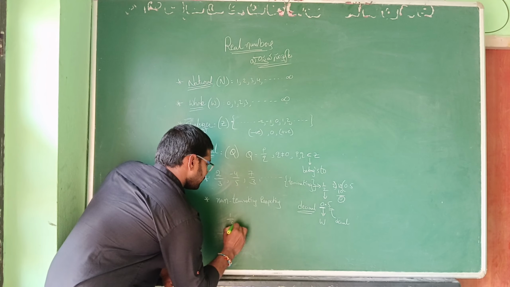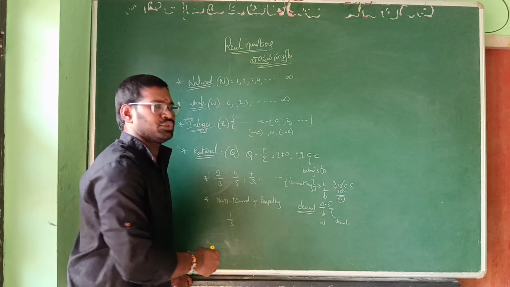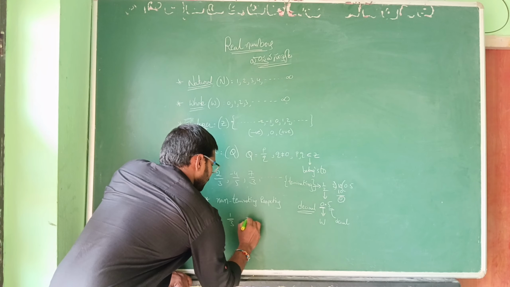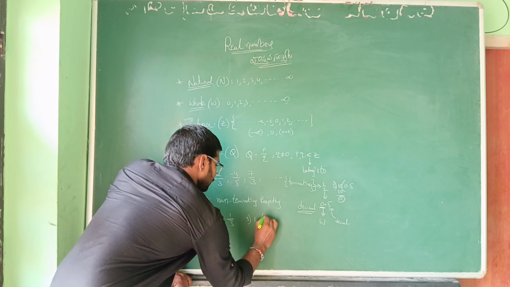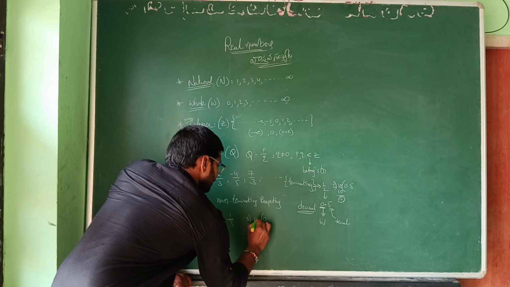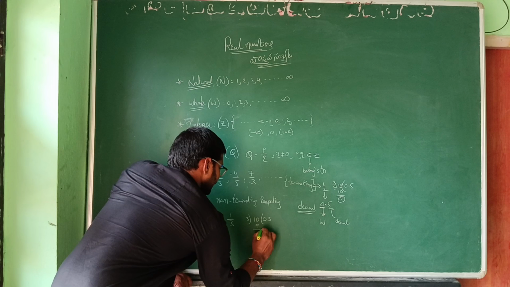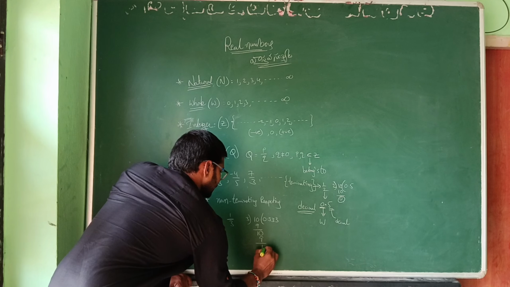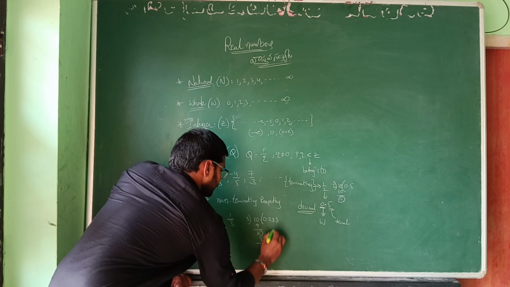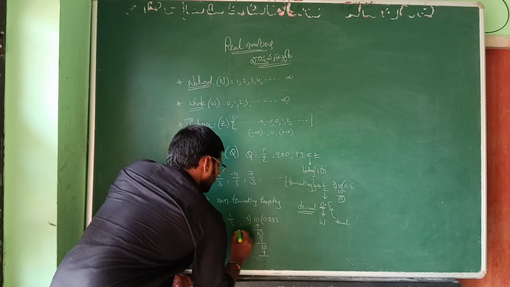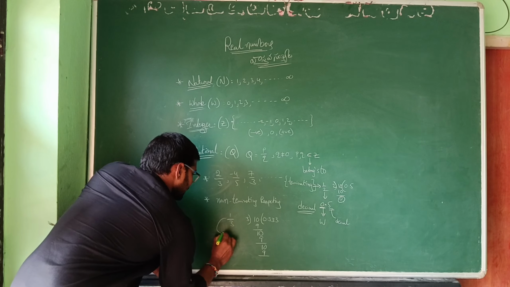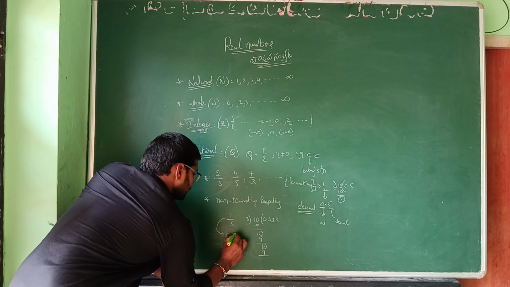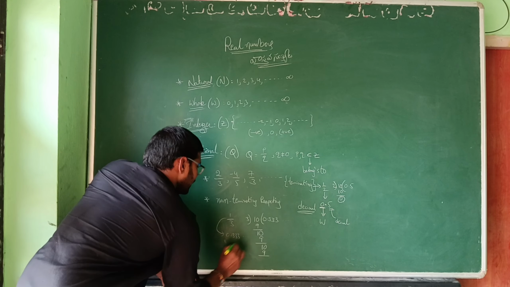Next, coming to non-terminating repeating. Non-terminating repeating means, suppose 1 by 3. 1 by 3 is a fraction only, but 3 divide with 1, 0.0, 3 3s are 9, again 1, again 0, 3 3s are 9, again 1, same, it is going on. 1 by 3 is nothing but 0.333 and so on.